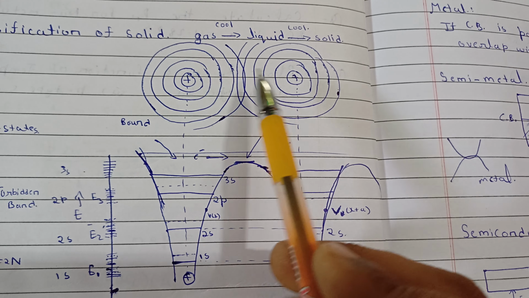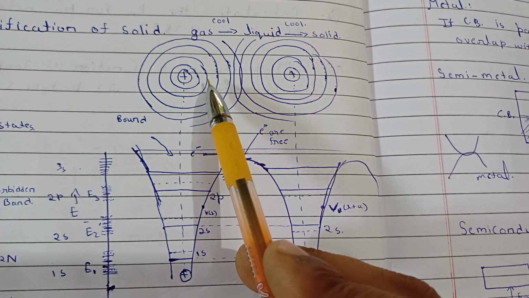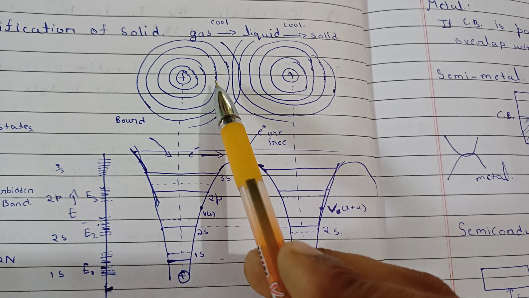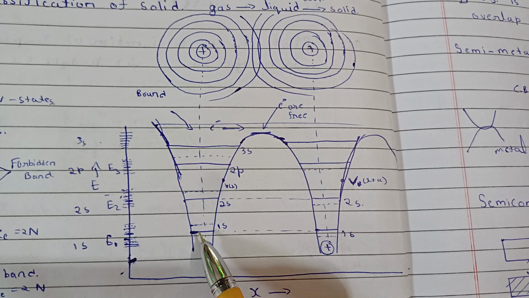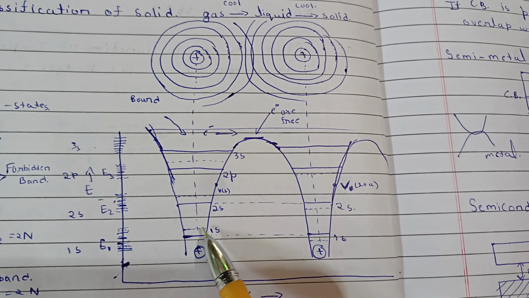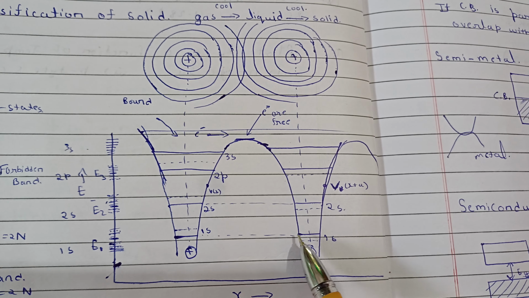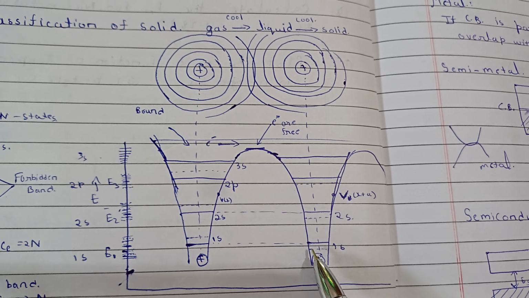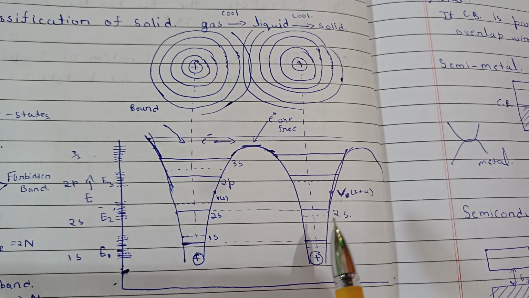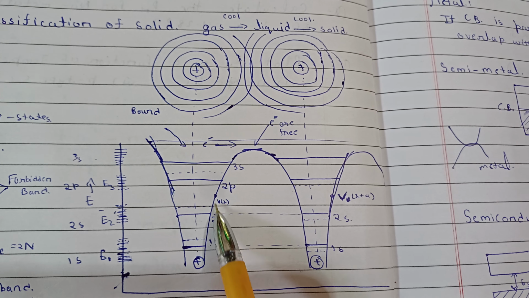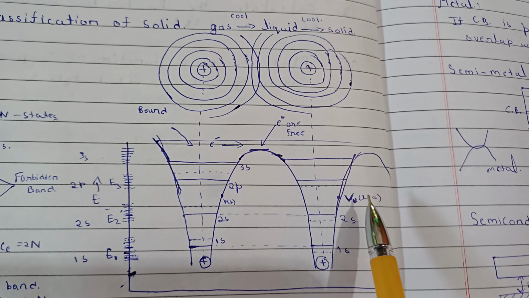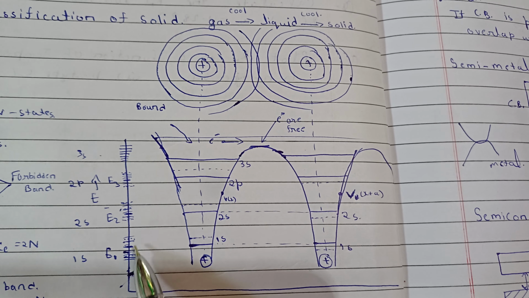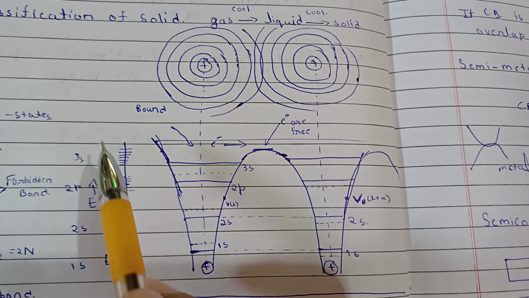So the energy level of this electron, which was first 1s, is affected by the overlapping. Let's say the energy level shifts upwards for the first atom, and for the second atom the energy level shifts downward. Likewise for 2s the energy level shifts upward and downward, and for 2p upward and downward. Now we have two energy levels here. Just consider 2 bars here, 2 bars here, 2 bars here.